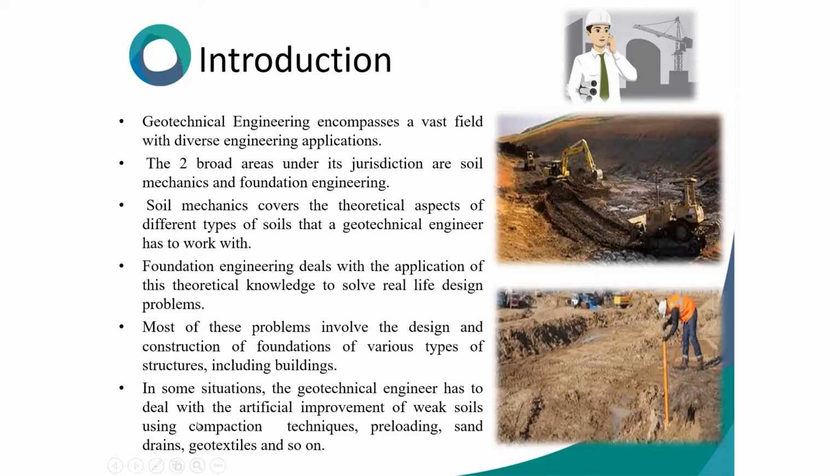This method is called a ground improvement technique. It means that when you are constructing a foundation and you encounter black cotton soil or some weak soil, you will improve that. How? By stabilizing, by dynamic compaction, or by using some textiles.